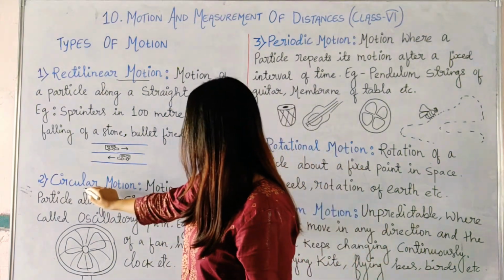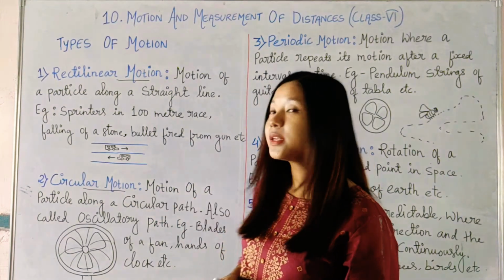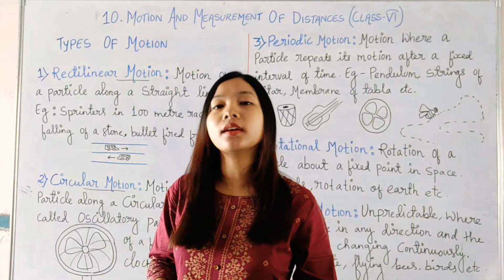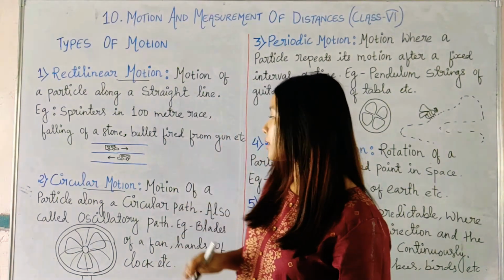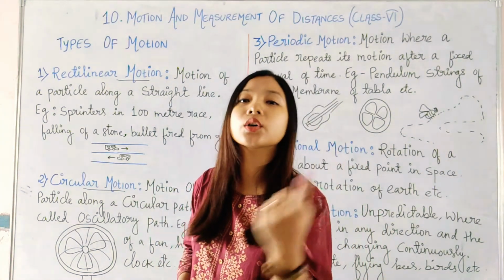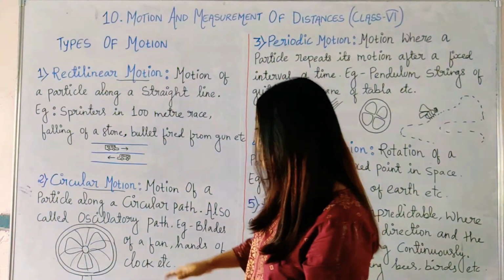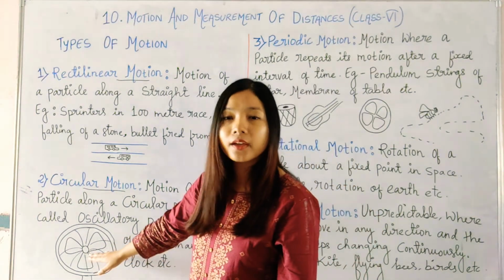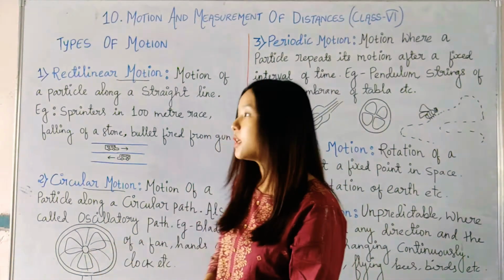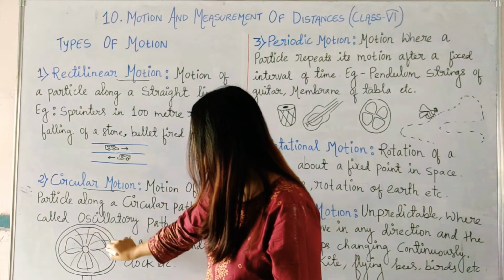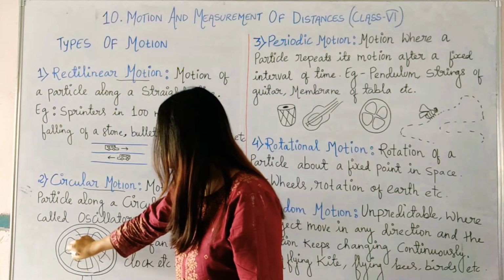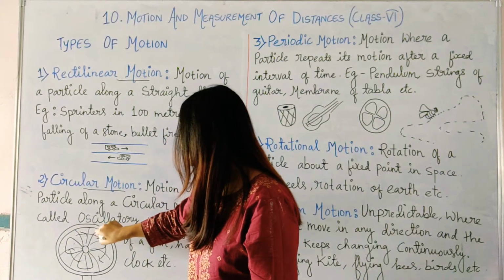Next is circular motion. From the name itself, I think you can understand. Circular motion is that motion where a particle moves in a circular path. For example, the blades of a fan or the hands of a clock. Here you see, these blades of the fan will move only in a circular path.